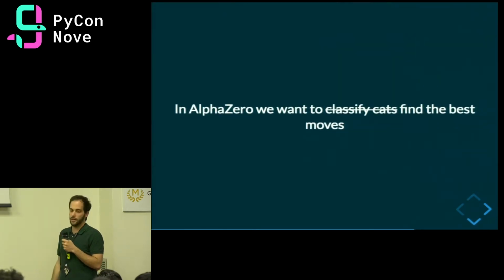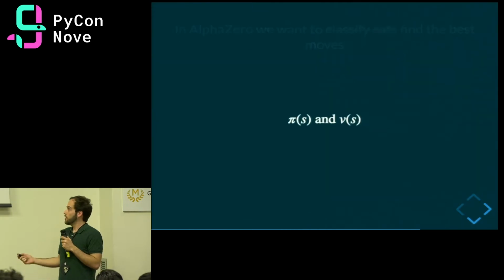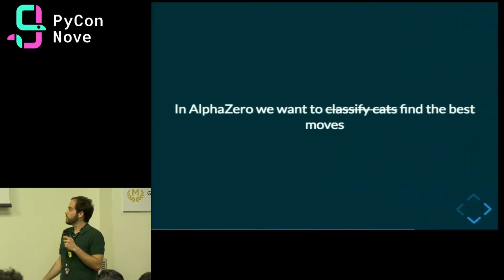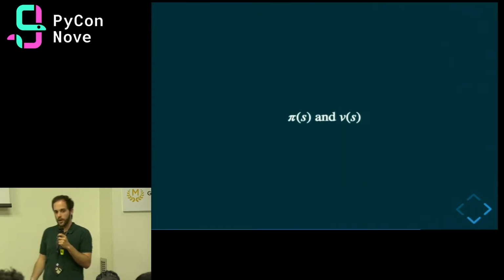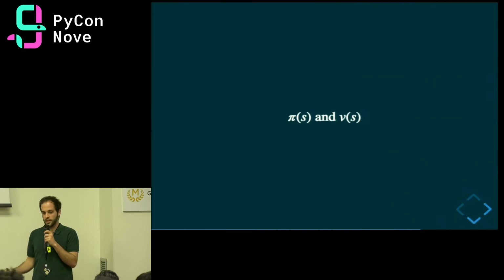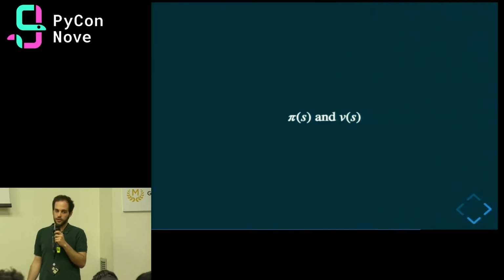But since we are in AlphaZero and our goal is not to find cats, but to win, to win better, we want to find the best representation to have an idea about what's going on. Because over this, we have to understand our policy function, which tells us how to play, and our value function, which tells us how good things are going.